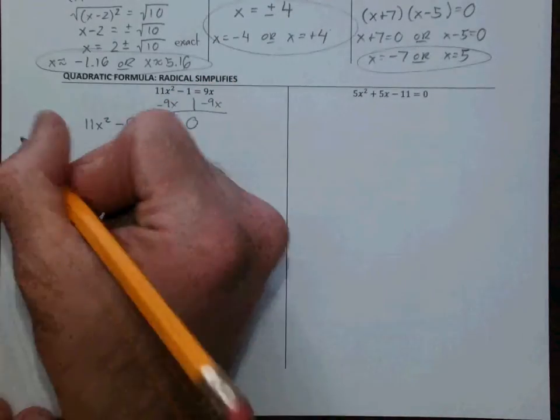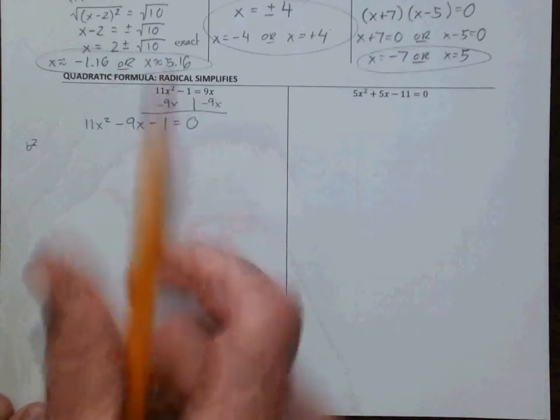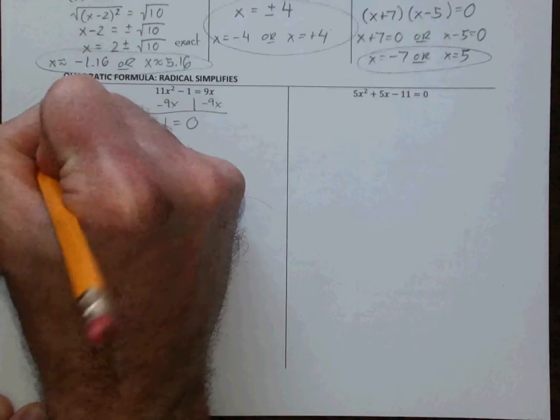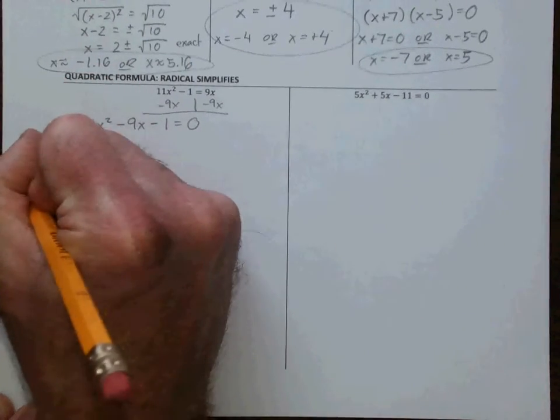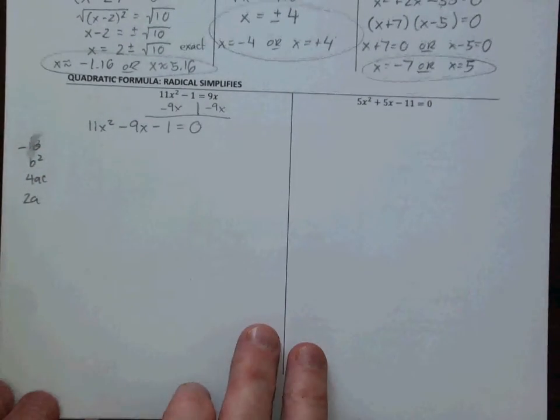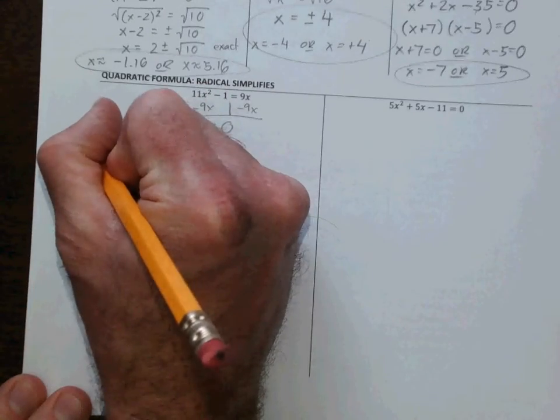Now really quick, I'm going to make that table: opposite of b, b squared, 4ac, 2a. It just helps me a little bit. So the opposite of b is positive 9.